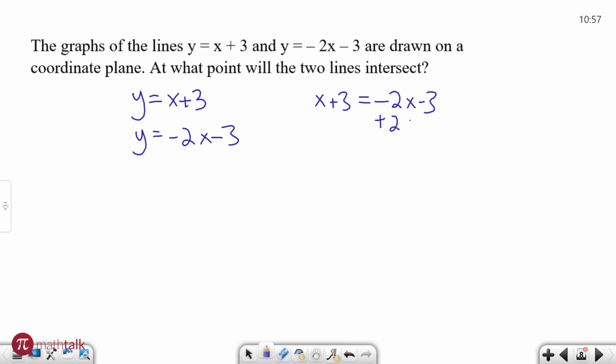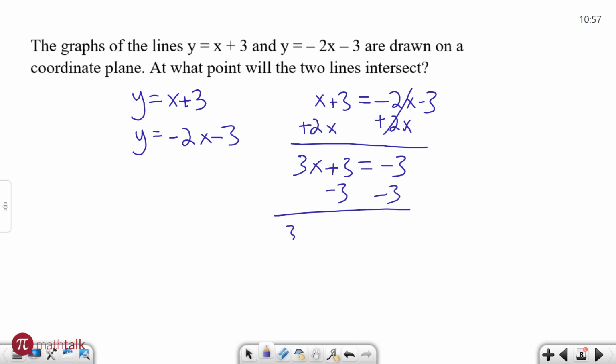I'm going to add 2x to both sides, just because I prefer to add numbers rather than subtract them. x plus 2x is 3x. Now I have my x's on the left. I'm going to move all my numbers to the right, so I'm going to take this positive 3 and subtract it. I get 3x equals negative 6.